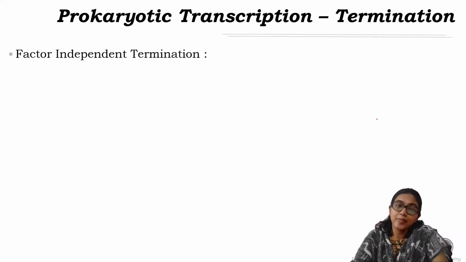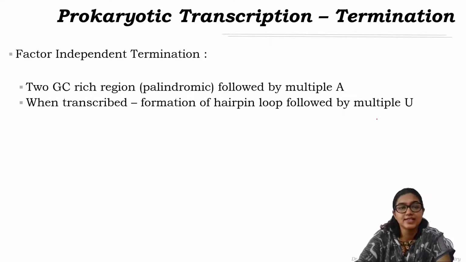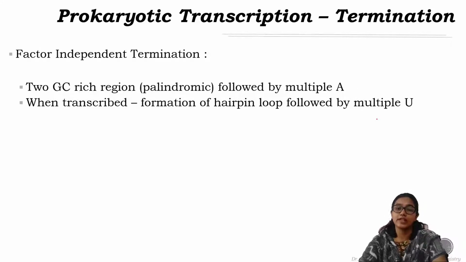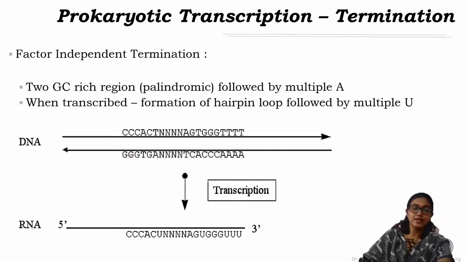In the factor independent termination, where the rho factor is not present, it is basically based on a palindromic sequence, and that sequence is a GC rich region followed by multiple A. See, in the palindromic sequence, in the template strand, there are multiple G and multiple C followed by a poly A tail.